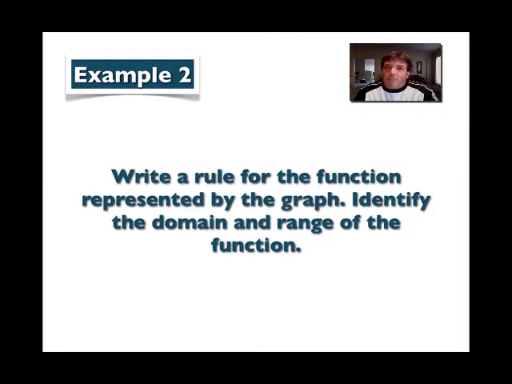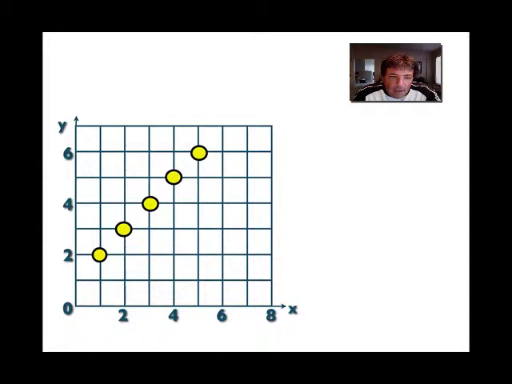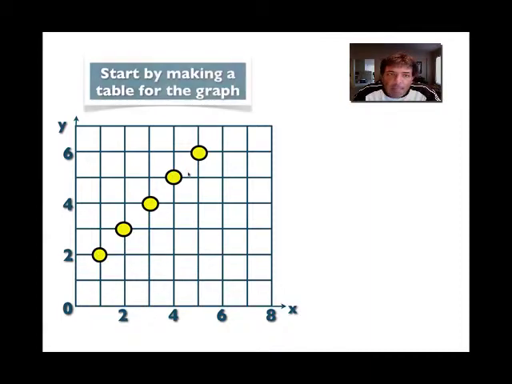This time, instead of drawing a graph, you're going to be given a graph and asked to find the rule that's represented by the graph. So take a look at this. We can see that there are obviously 5 points in a line. So the first thing we're going to do is make a table.